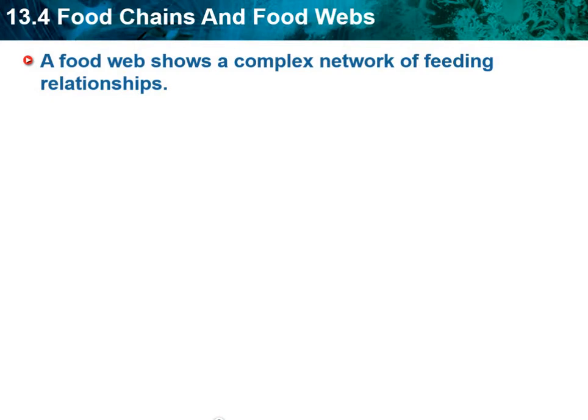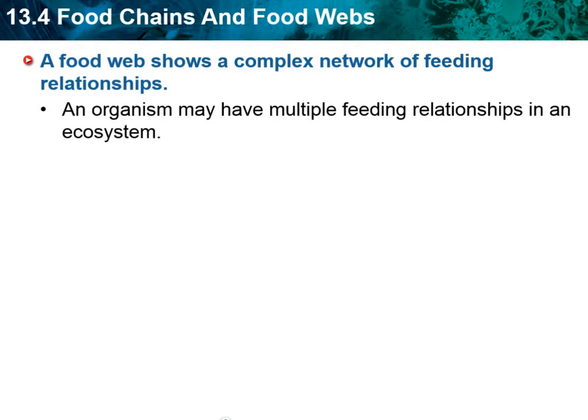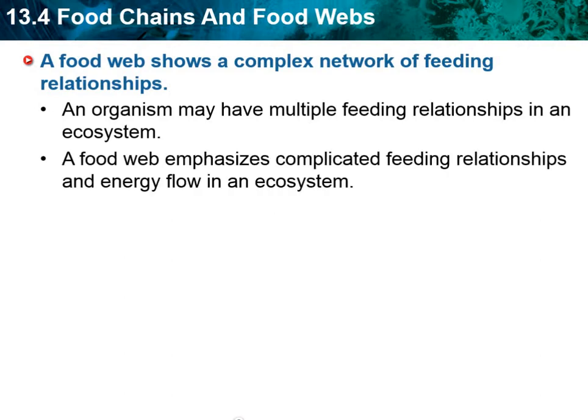So when we talk about food webs and food chains, an organism may have multiple feeding relationships in an ecosystem, and that's what a food web is. A food web emphasizes the complicated feeding relationships and the energy flow in an ecosystem. It is very rare for a plant to only get eaten by one animal, and that animal is only eaten by one other animal.